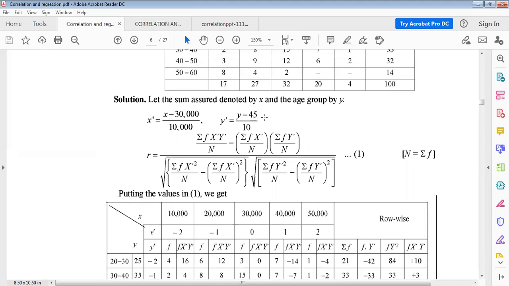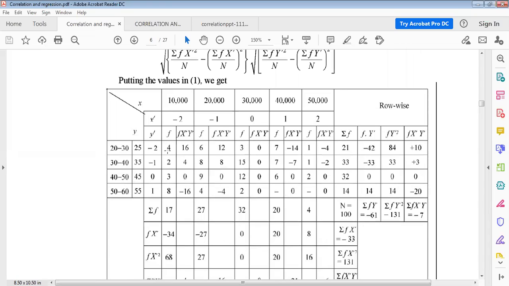The x dash values are minus 2, minus 1, 0, 1, 2, and the y dash values are minus 2, minus 1, 0, 1.